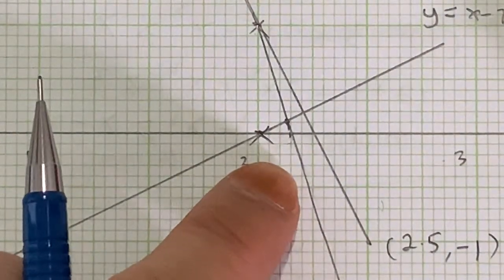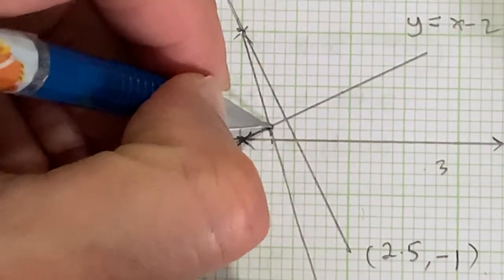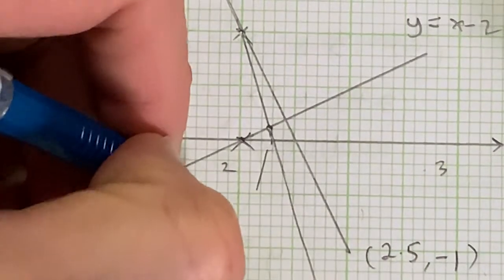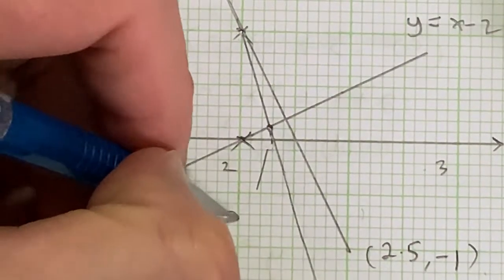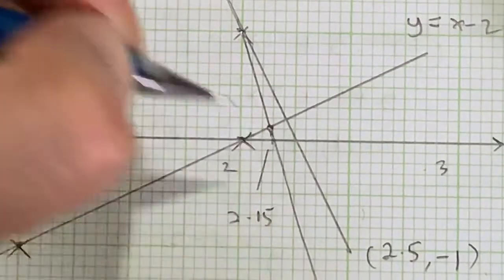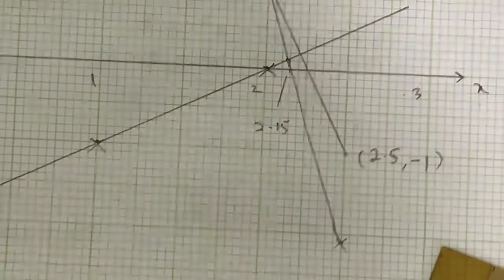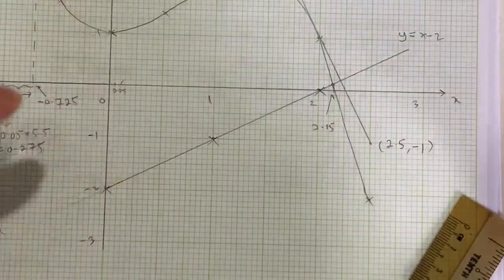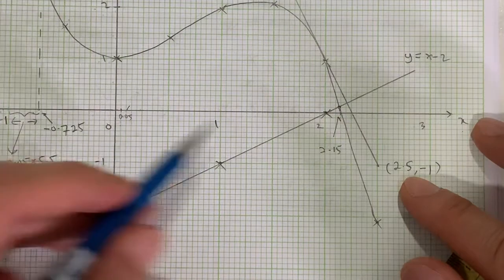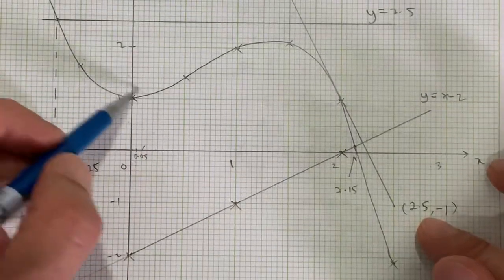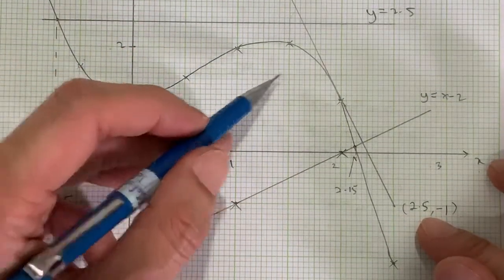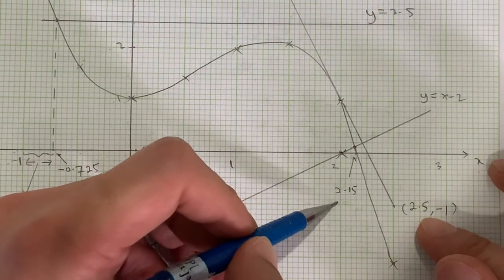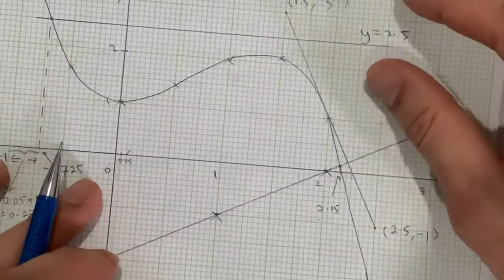Just now one box is 0.05, so this will be 0.05 times 3, so that's 2.15. So at this point here is 2.15. So anywhere from 2.15 and below, the first graph is higher than the line. So x less than or equal to 2.15 will be the answer.